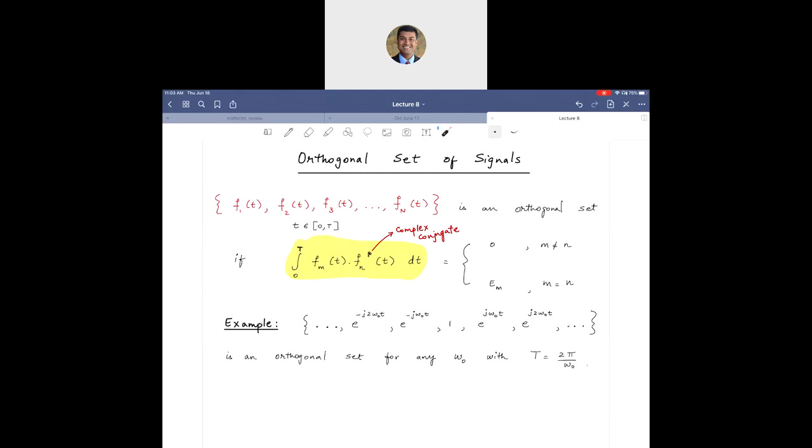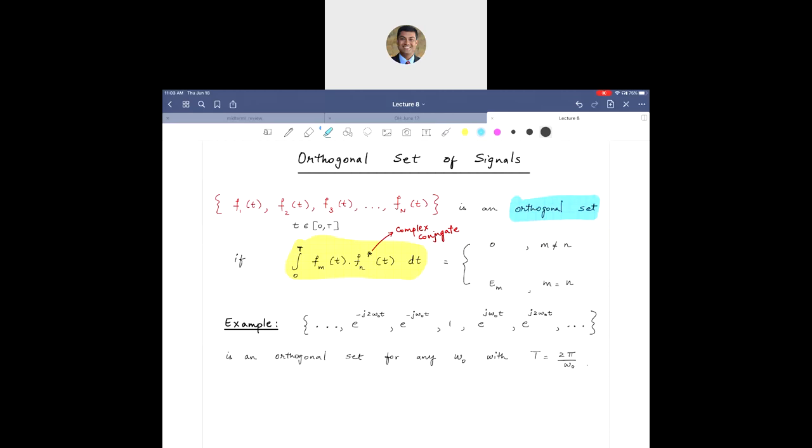So if a set of signals satisfies this property over some time period 0 to capital T, then they are considered to be orthogonal to each other. So that's an orthogonal set.